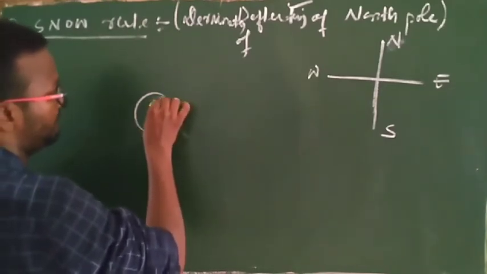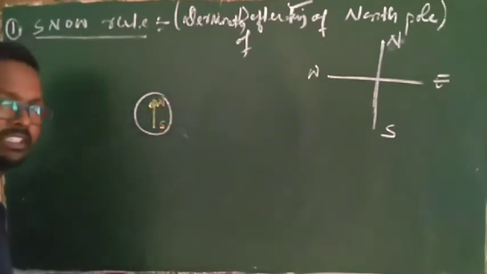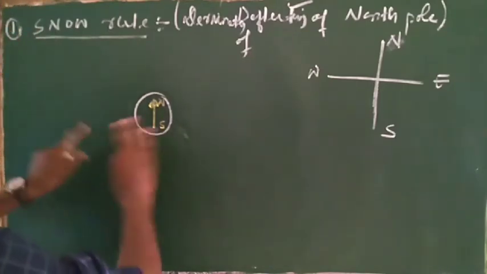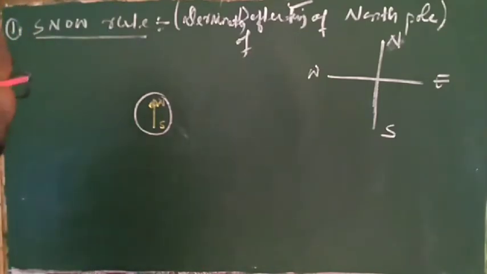Clear? Suppose we have a magnetic needle, and this is the north pole and this is the south pole, if there is no current carrying wire.